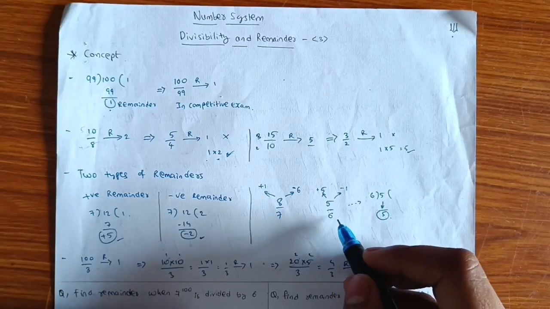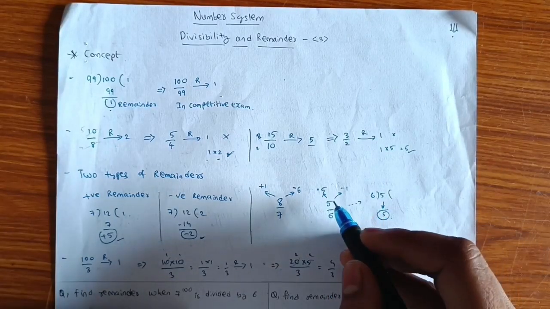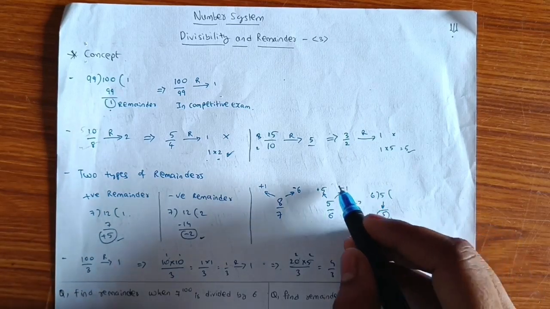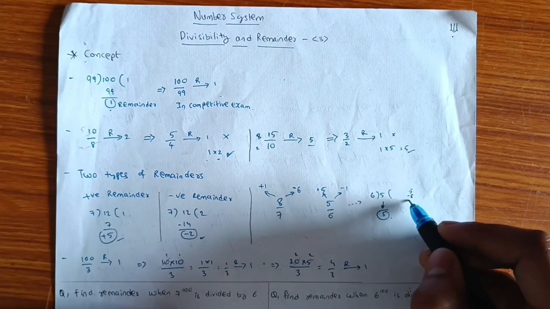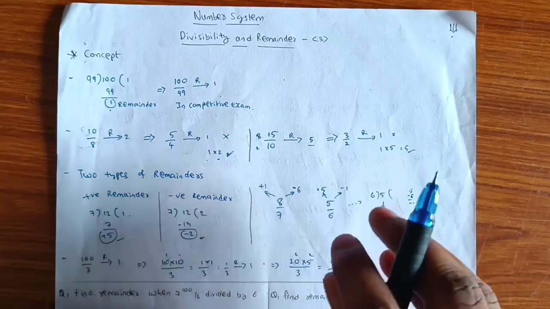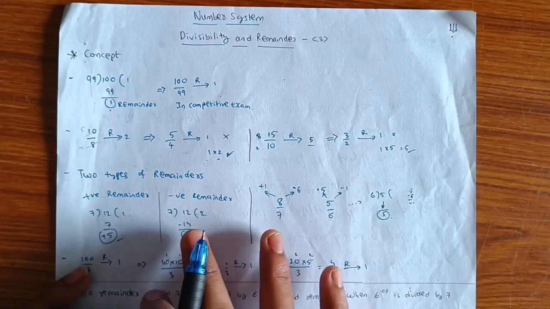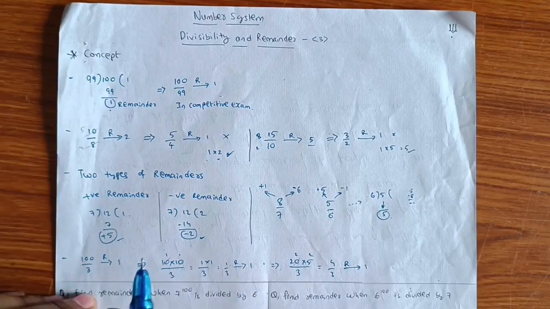You can try it out: 6 times 1 is 6, and when you subtract, 5 minus 6 is minus 1 as the negative remainder. You will get more idea when you see the questions regarding this.